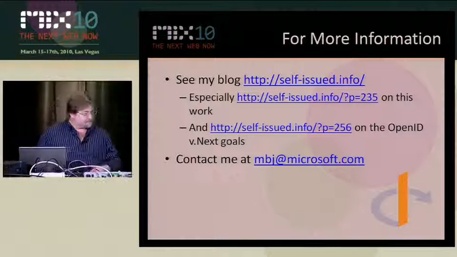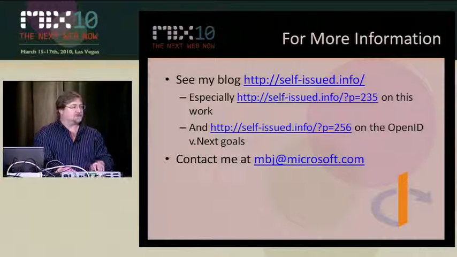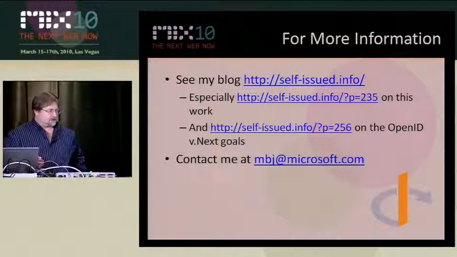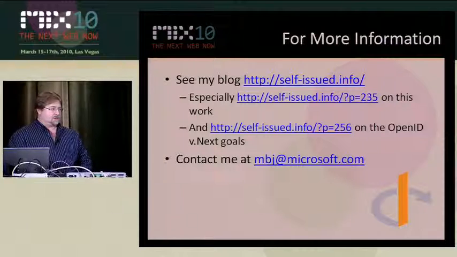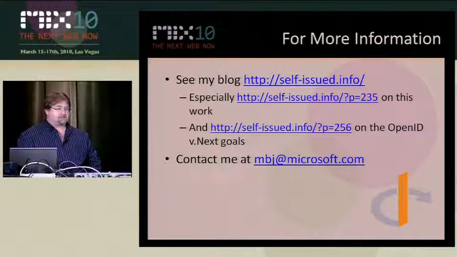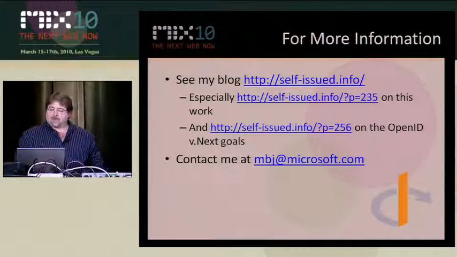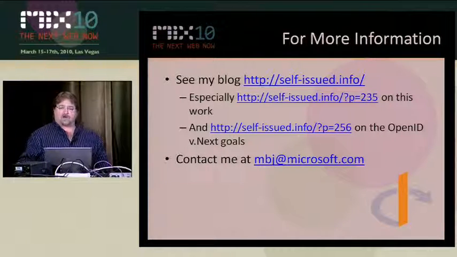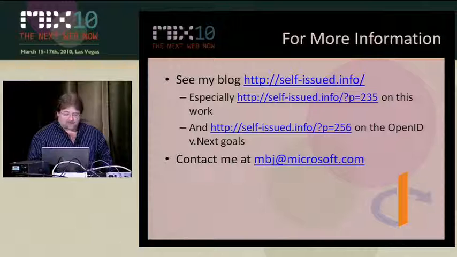Go ahead. Just as an example that you gave, what did the relying party need to do for your plugin to identify it? Yes, I'll repeat the question. And I'll actually show you the answer.